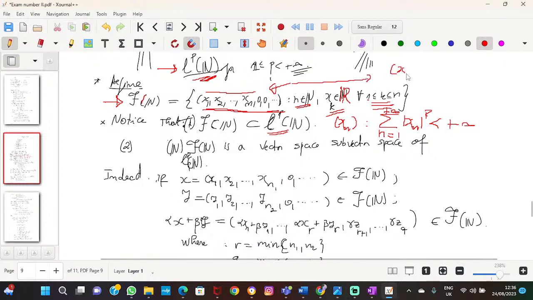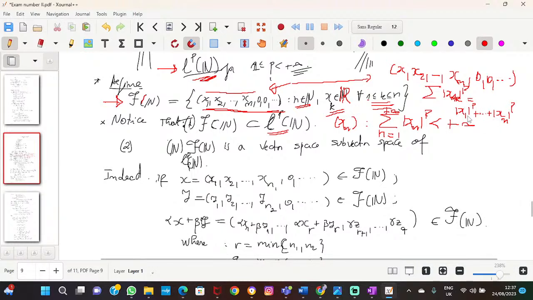those are just x1, x2 up to xn. It is a finite number. You only have a finite number of non-zero terms and infinitely many zeros. So if you sum these terms, you're just going to get the absolute value of x1 to the power p, plus you continue like that, and you end at the absolute value of xn to the power p. So all those are real numbers.